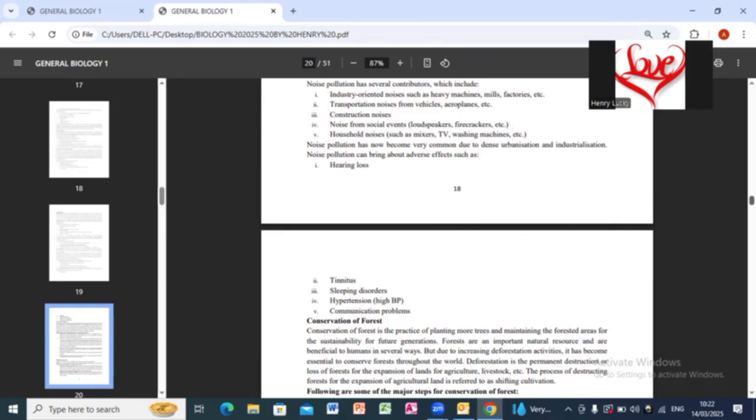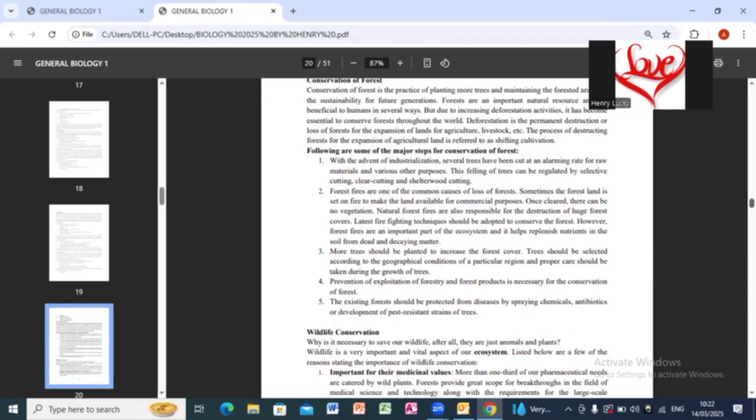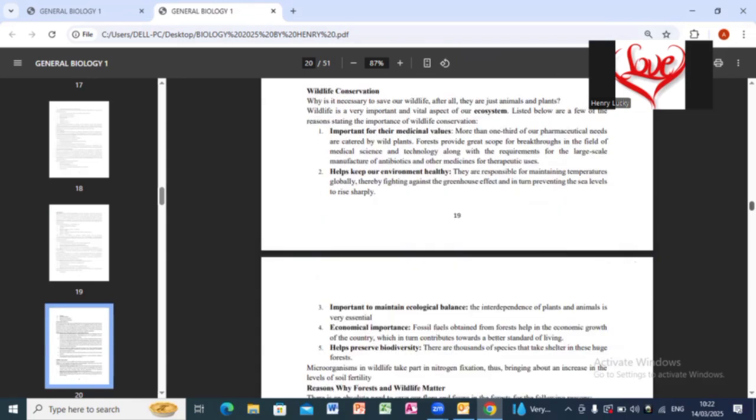Now, the importance of maintaining forested areas, before we talk about that, there are some major steps of conserving a forest. What is the importance of forestation for conservation? Number one, they help for medicinal values. Number two, they help our environment to be healthy. Number three, they serve as ecological balance.